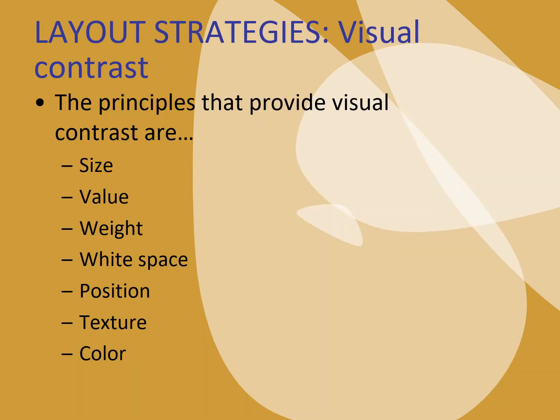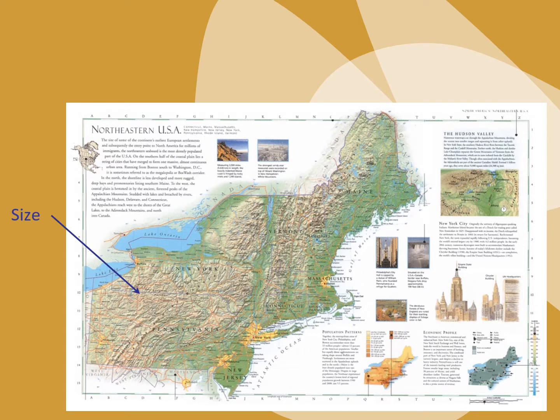So layout strategies are some things to consider: size, value, weight, the use of white space, position, texture, and color. So size, we talked about that map being very large. Value, we've got this deeper, darker green there. The weight of it is the amount of attention-getting elements that it has.